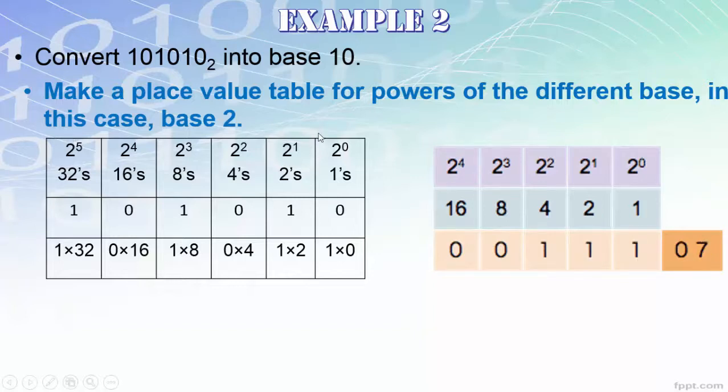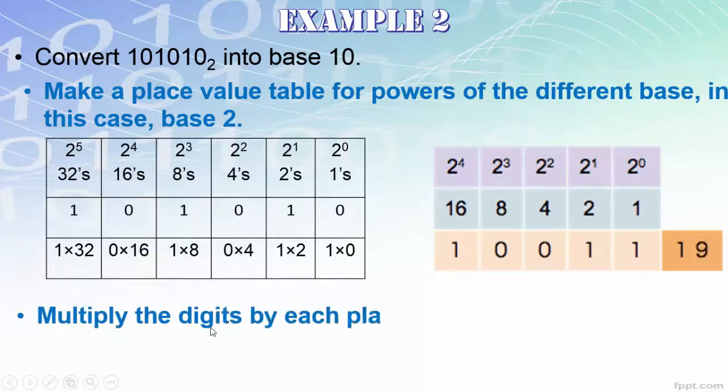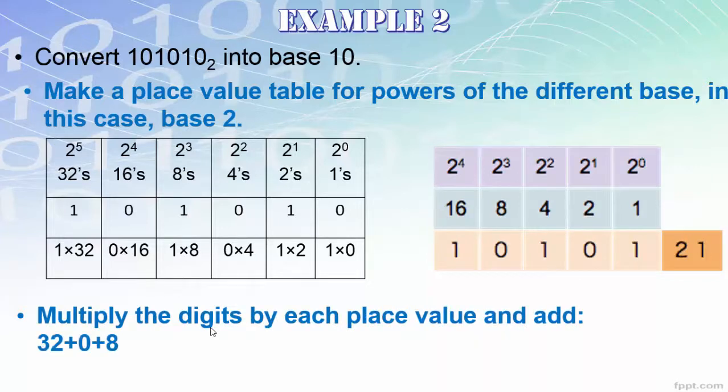That means we go from 2 to the 0 to 2 to the 5th. And then we multiply the digits by each place value and add. In this case, it's 32 plus 0 plus 8 plus 0 plus 2. And when we add all those up, we get 42.